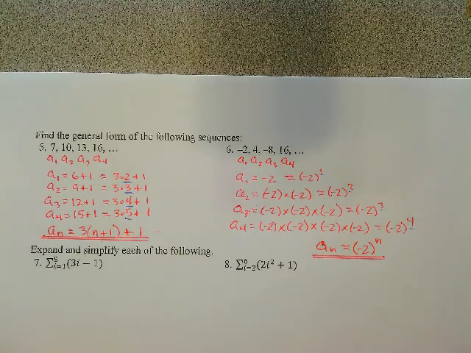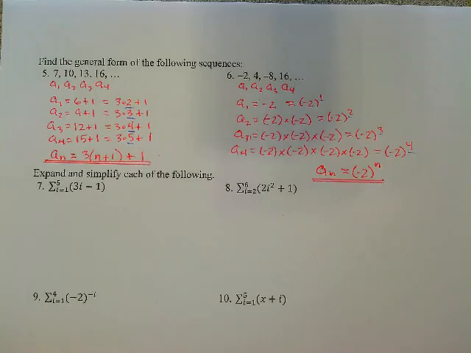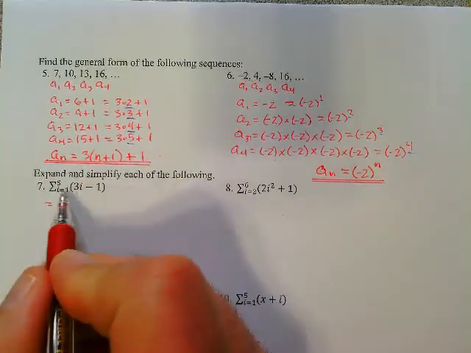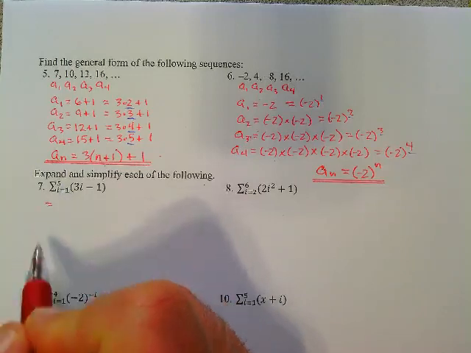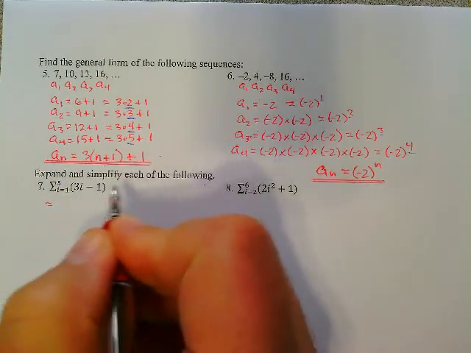All right, let's look at some summation notation, expand and simplify. So in this particular case, again, i is going to start out at 1 and go up to 5. So everywhere I have an i, I'm going to put in 1, then 2, then 3, then 4, then 5.